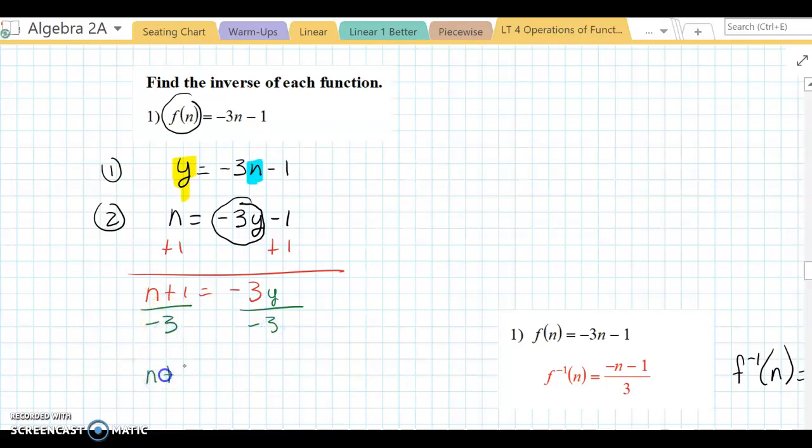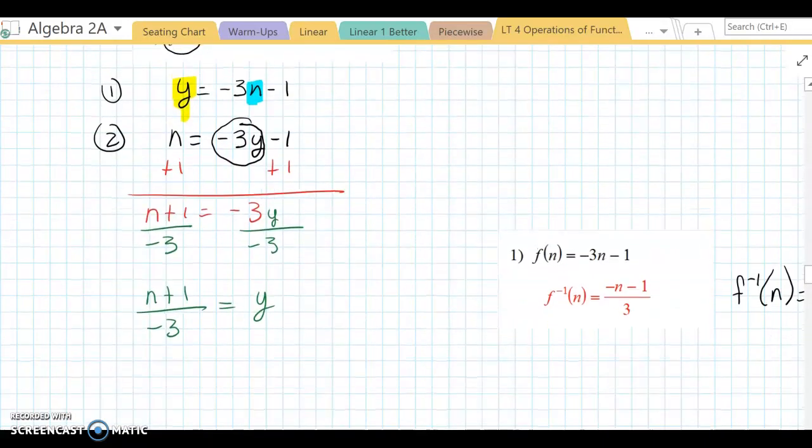And I've got n plus 1 over negative 3. But they don't like negative in the denominator. So I'm going to apply it up here, but the whole thing, not just the n.